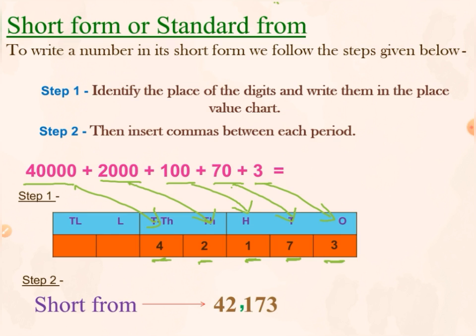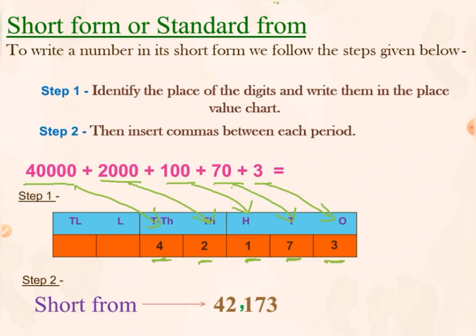So our number obtained is 42,173. Okay children, so to write in short form, first we have to identify the place of each digit, and then accordingly we read the number. We get its short form.